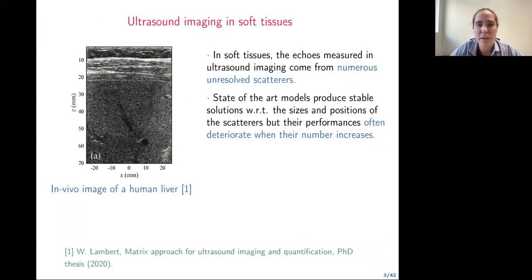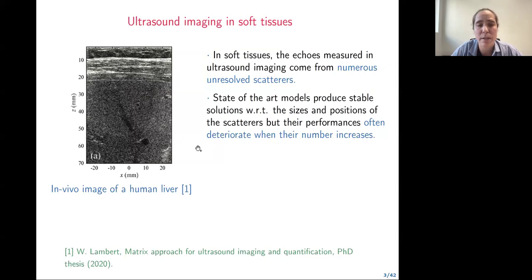More specifically, in medical ultrasound imaging of soft tissues, the echoes that you measure don't come from a bright spot as before. You don't have main reflectors in your medium. What you have is numerous unresolved scatterers. Unresolved means that they are very small compared to the wavelengths. But they create this speckle pattern that you see on the left on the in vivo image of a human liver.